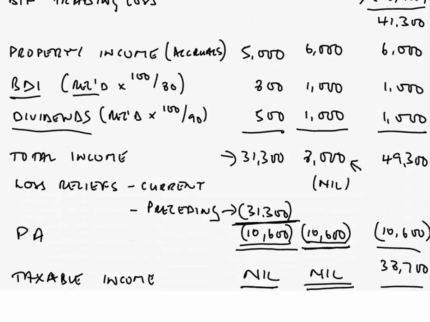Then list out any and all other amounts of income that we may have. Now, you probably won't have as many as I have included there. That's all the main other types of investment income that you might see, whether it's property income, interest income, or dividend income, and include, usually, a straight copy down from the question onto your answer page.